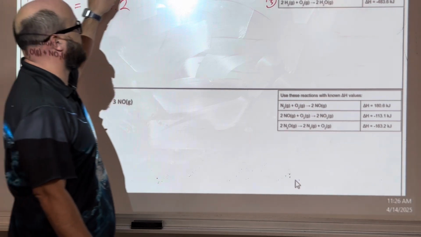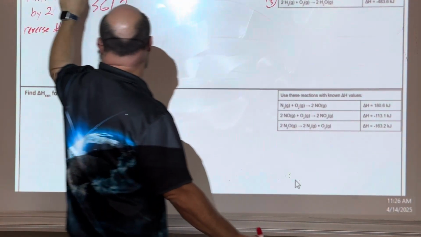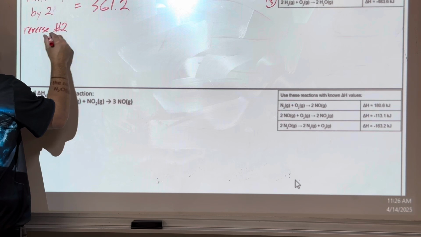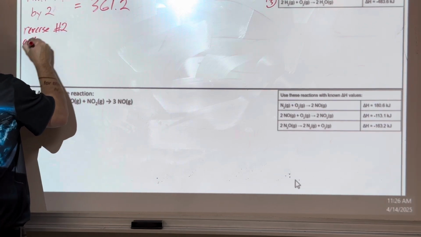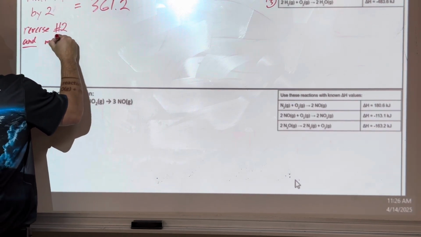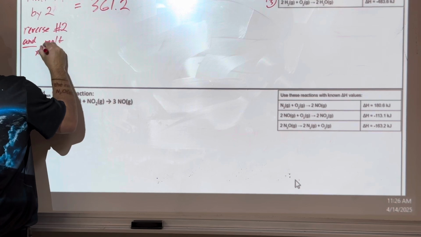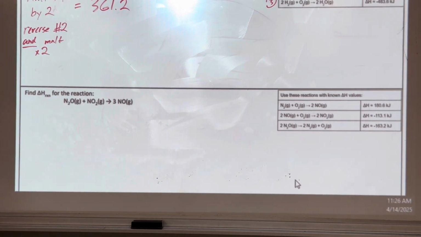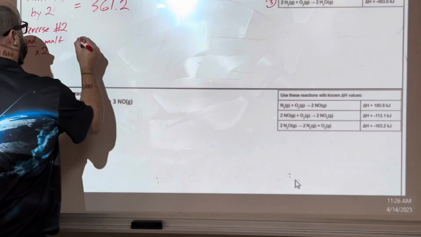But we also noticed that NH3 went up from 2 to 4. So we're going to do both. Reverse number 2 and multiply by 2. So what does that give us? Negative 91.8, negative 91.8 times 2, and then we're going to reverse that sign, 183.6.